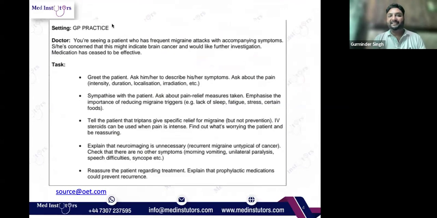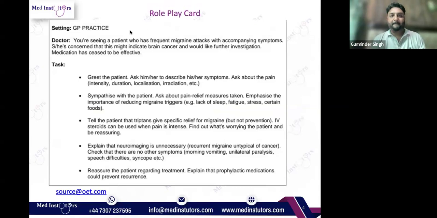Okay, so we'll see a role play card. I'm sure a lot of you must be practicing OET, or if you have not gotten into this part, let me show you a role play card here. So this is a role play card, looks like.